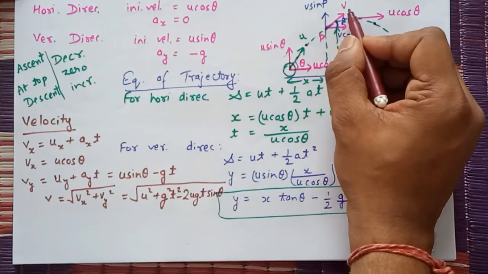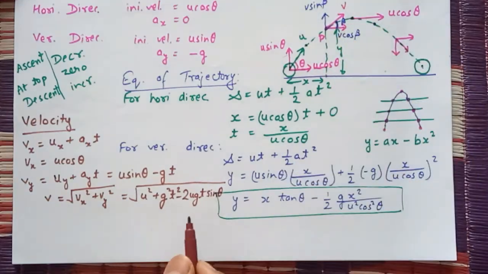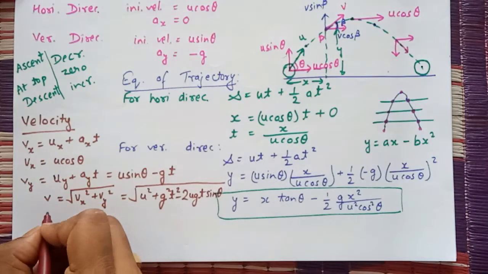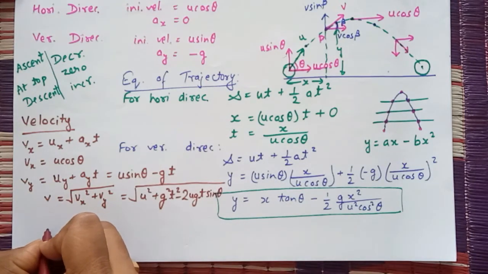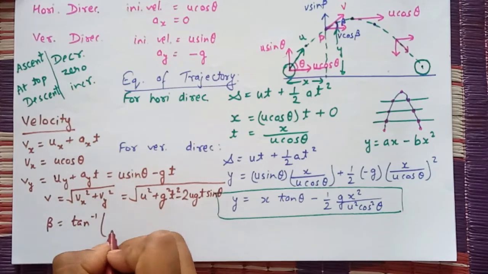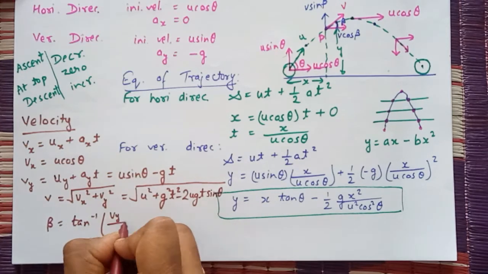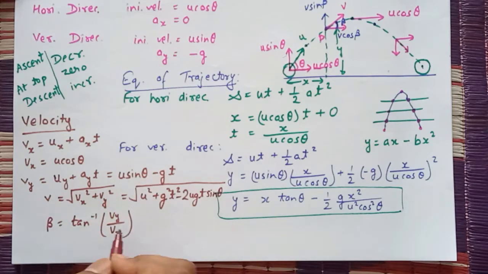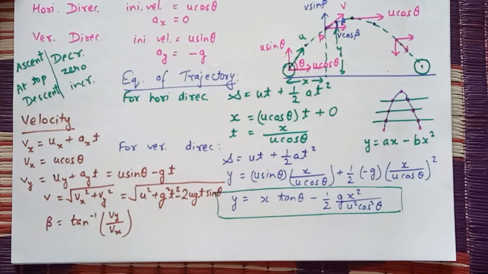Suppose velocity at point P, this V can be found by using this formula. And if I want to find this angle beta, then beta will be equal to tan inverse Vy upon Vx. Putting the value of Vy and Vx, we will get the beta. So this is the velocity's magnitude and this is the velocity's angle, and this one is the equation of the trajectory.